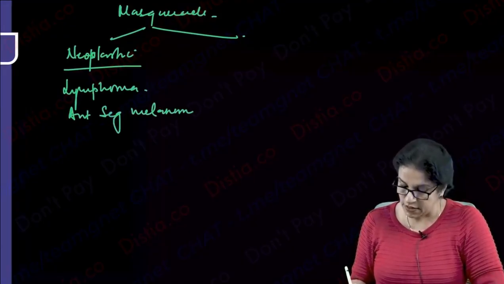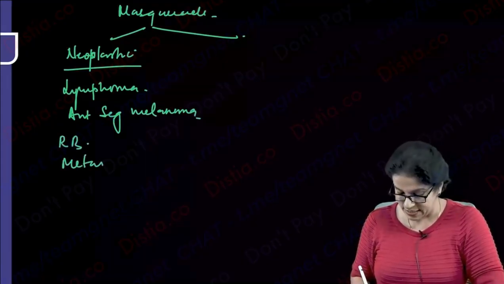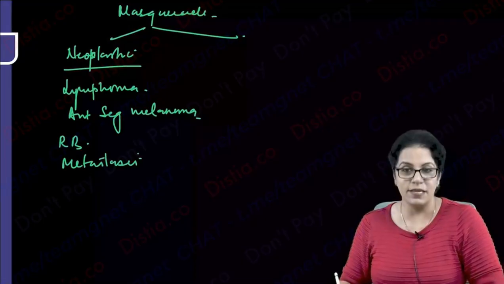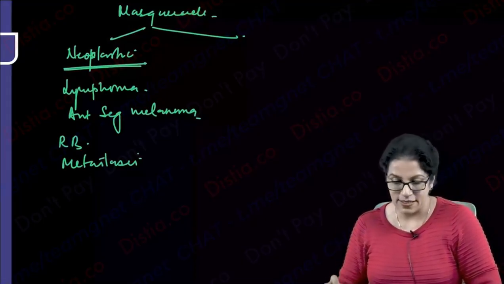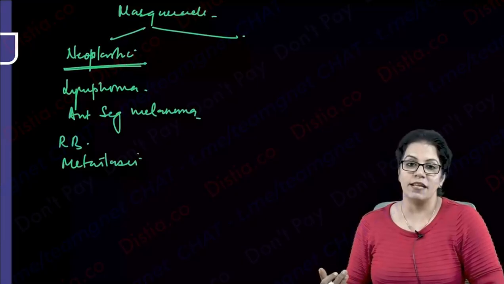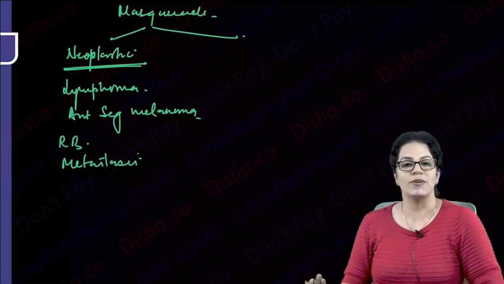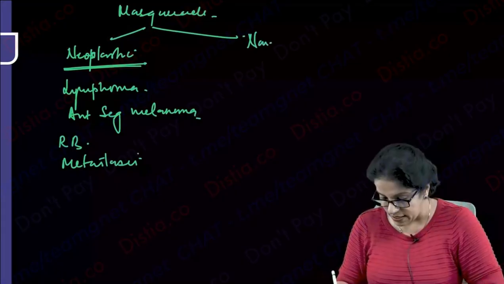Then the most common that we learn, very important, is retinoblastoma and even metastasis. Again, as I said, don't mug up, read it two times, it will be simple. So this was about some neoplastic causes, right? This pathology is mimicking inflammation, but it is not exactly the inflammation which is the cause. Then what are the non-neoplastic causes that we can list out?